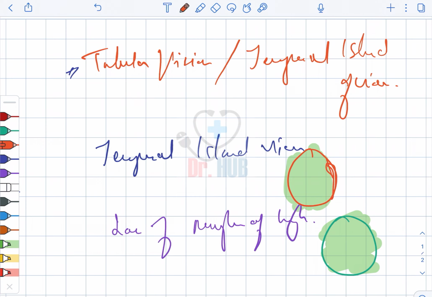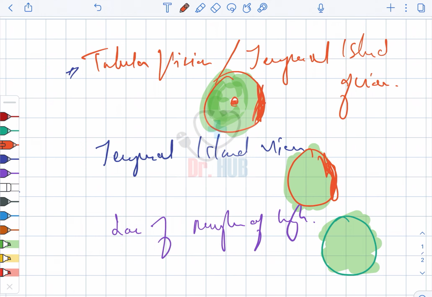So this portion is left. Next, if we see the tubular vision with temporal island, here it almost covers everything and the center is left, as well as a slight area of the crescent is left. So these areas are left out.